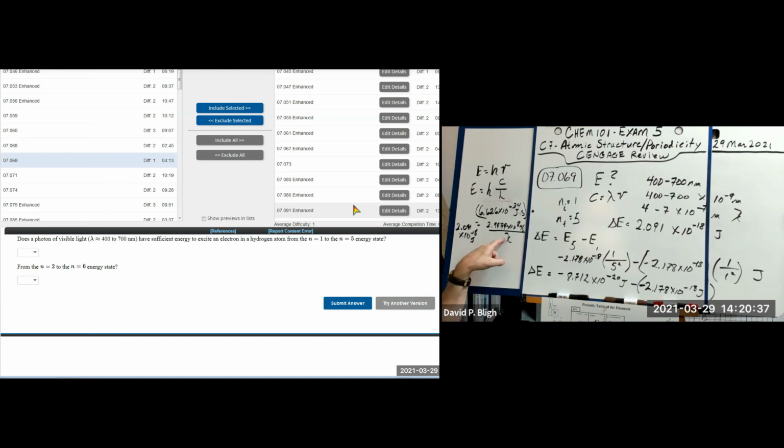So if we bring this term over here and put this term over there, we have 2.9979 exponent 8, and then we're going to divide it by this term that came from here. There it is, right there. And then multiply it by Planck's constant.